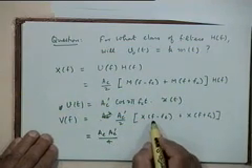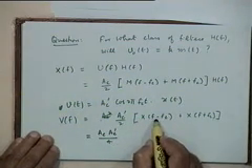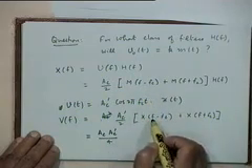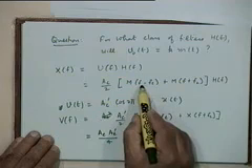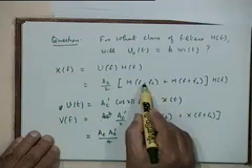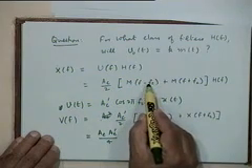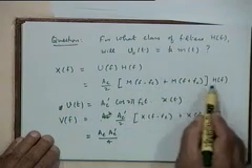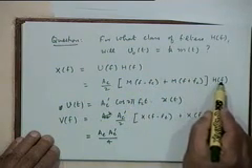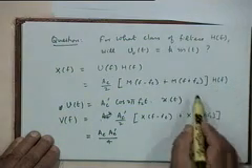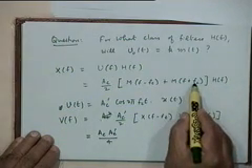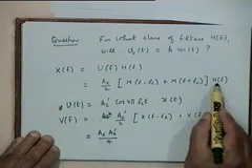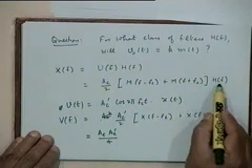What will be the baseband part? One component will come from when this becomes, so if I shift it by plus FC, you will get M of F, and that will become H of F plus FC, and similarly from here if I shift it by minus FC, I will get M of F into H of F minus FC.